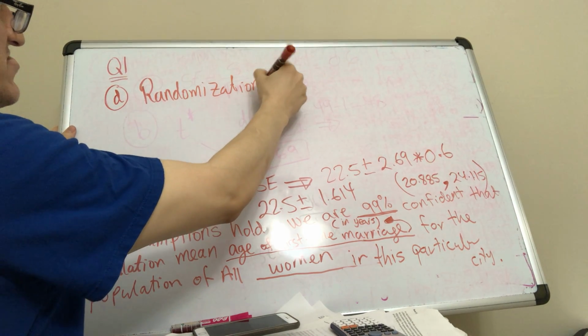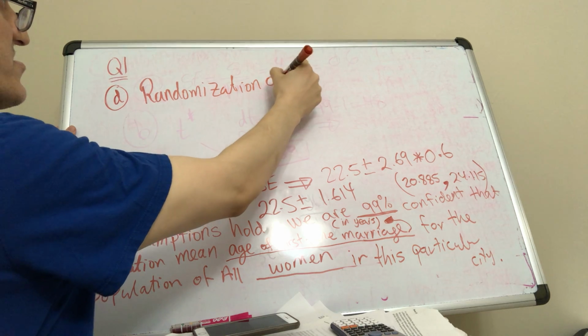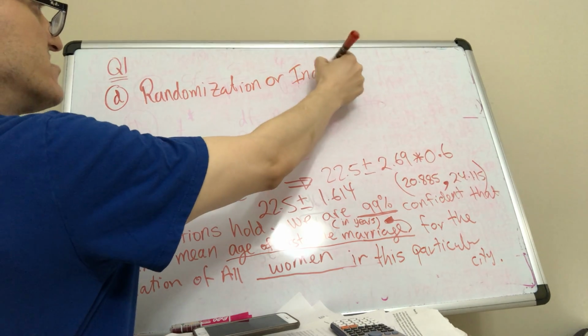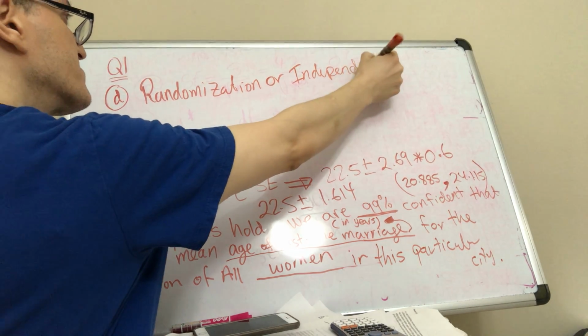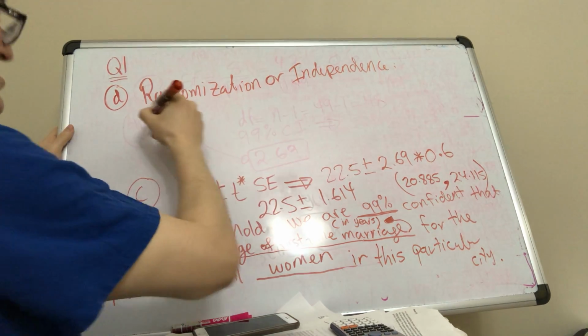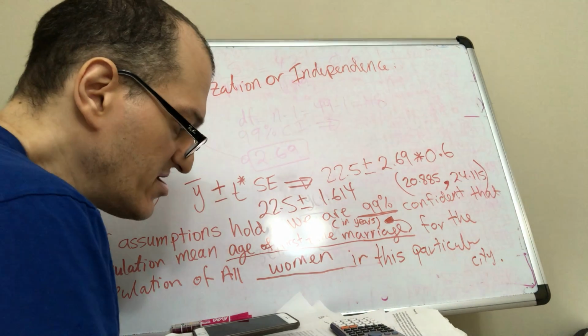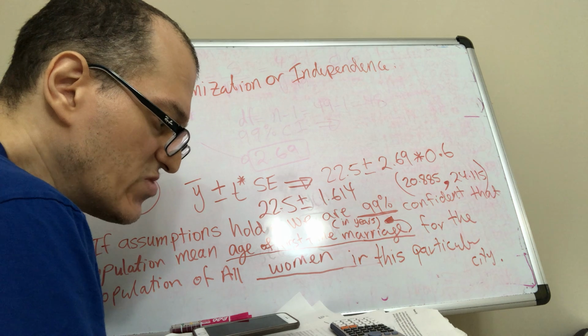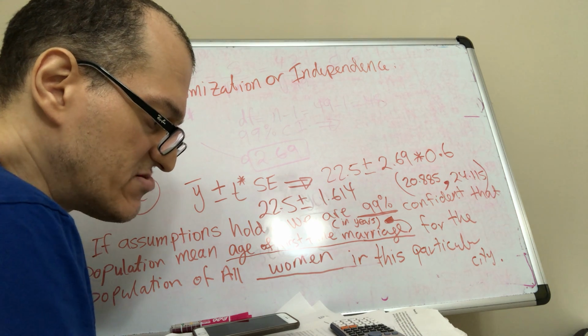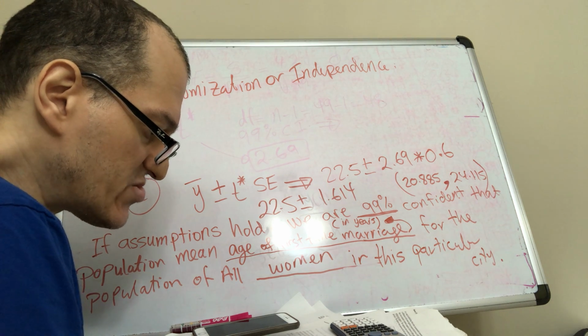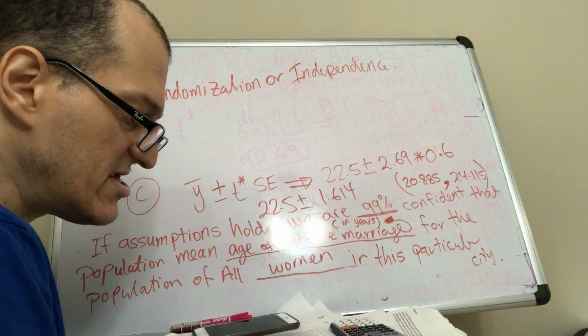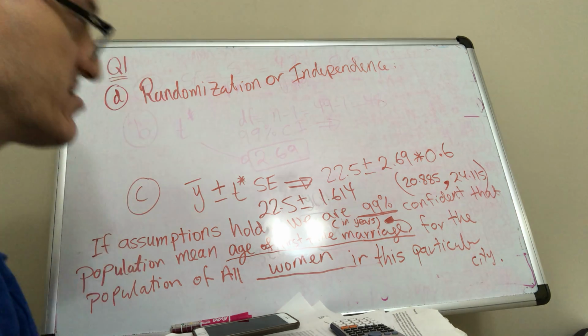First assumption is randomization, also called independence. The sample of 49 women must be selected randomly. And if you go to the question, it's not mentioned in the question.